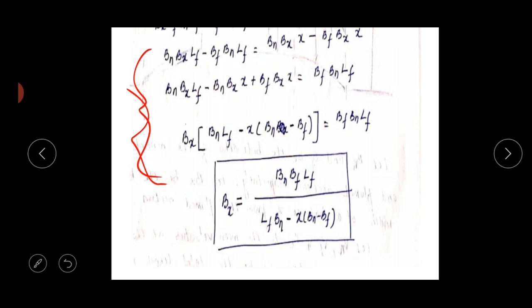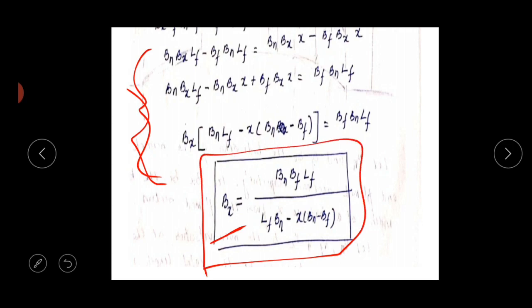Okay, your final equation will be Bx is equal to Bn Bf Lf divided by Lf into Bn minus x into (Bn minus Bf). So Bx is what? The base width of the transition section at a distance of x from the flume section. Okay.